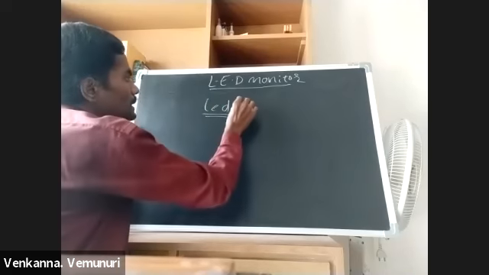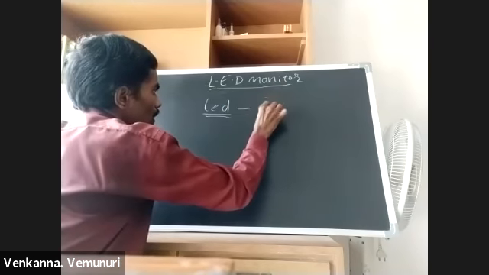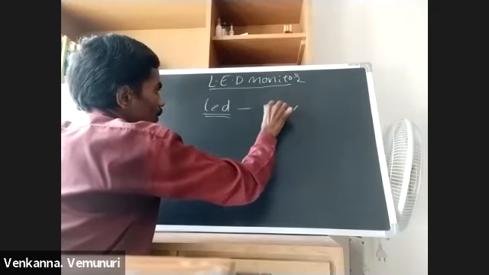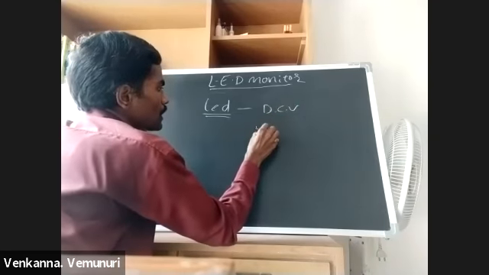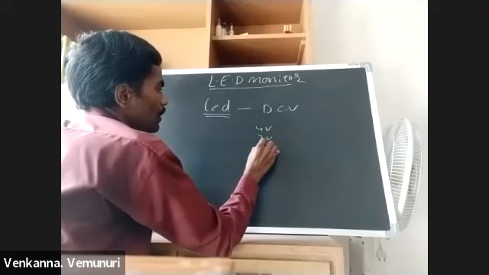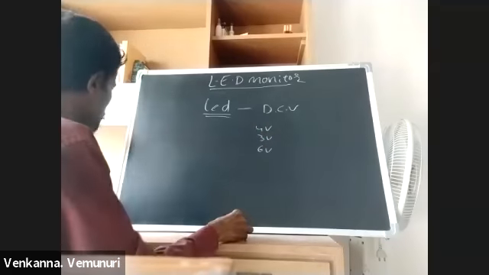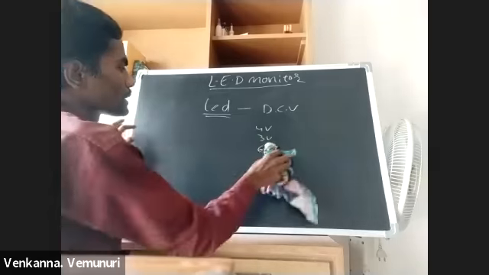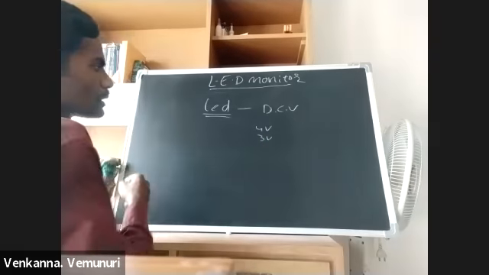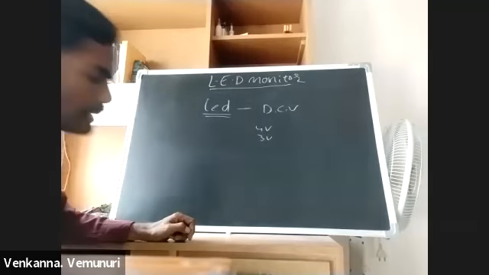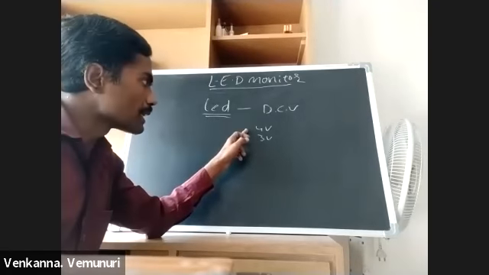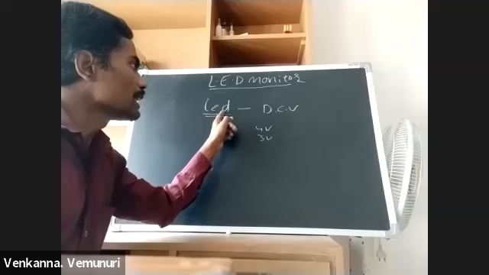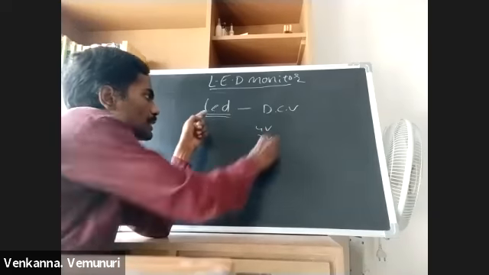These LEDs work with DC voltage. Each LED works with 4 volts or 3 volts or sometimes 6 volts, but generally most LEDs work with 4 volts. So here, this inverter section is not required. The reason is that this LED works with 4 volts DC.